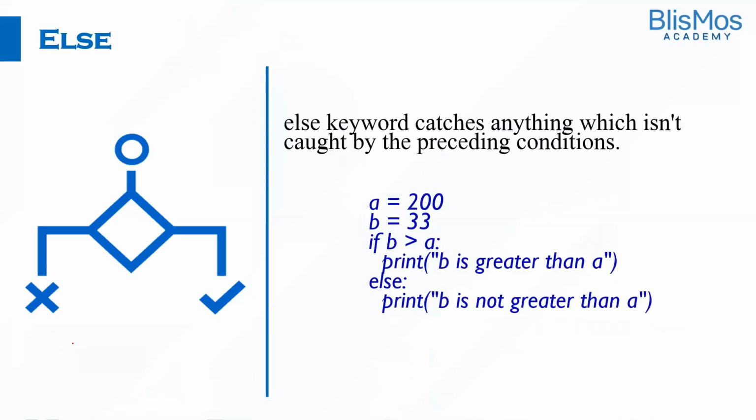Else is a keyword which is part of the if else statement. Whenever the condition specified by an if doesn't hold, else will come into the picture. It catches anything which is not caught by the preceding conditions of if. That is how the else works.